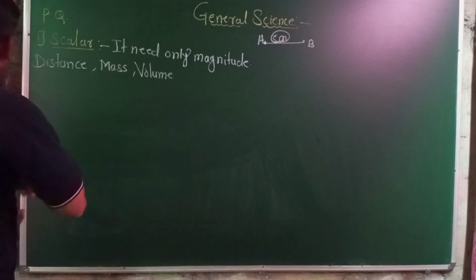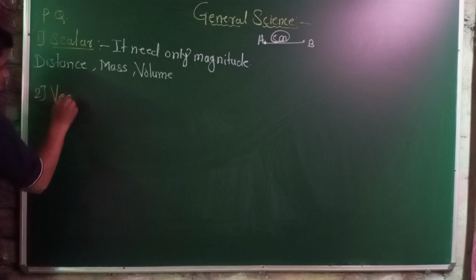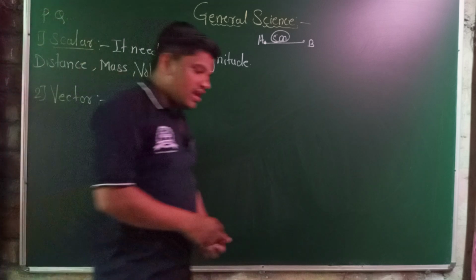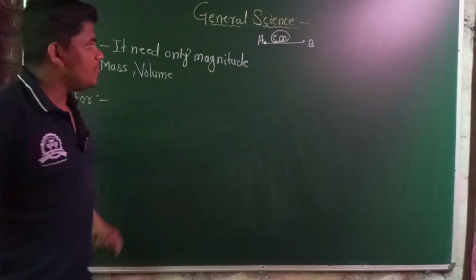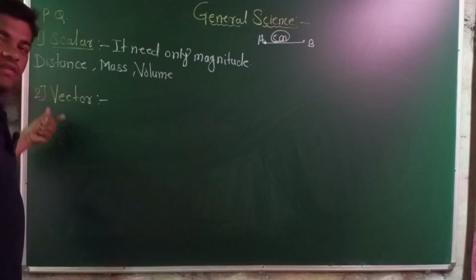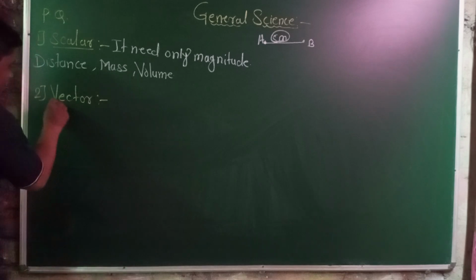The second type of physical quantity is the vector physical quantity. A vector physical quantity needs both magnitude, meaning the numerical value, as well as the direction of that particular physical quantity. Such physical quantities are known as vector physical quantities.